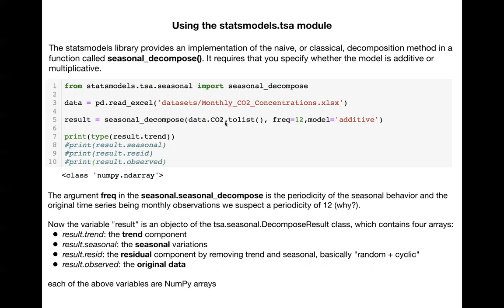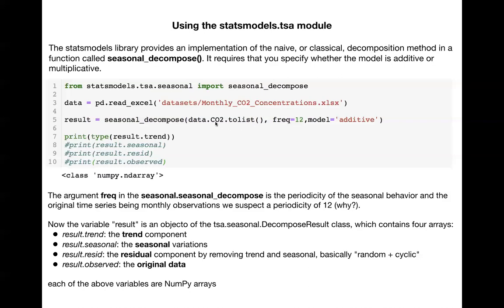Here I use a function called tolist, which converts the CO2 column into a list. You can also use a NumPy array or a list, they all work fine. If you don't do this, the seasonal_decompose function may complain because it's seeing a series object, not a simple list of numbers.